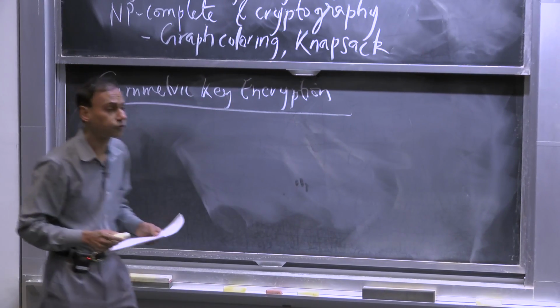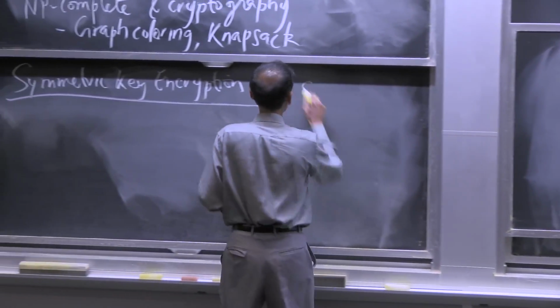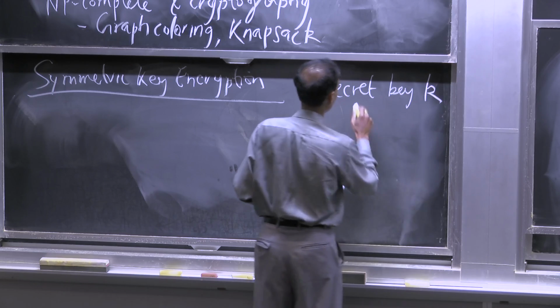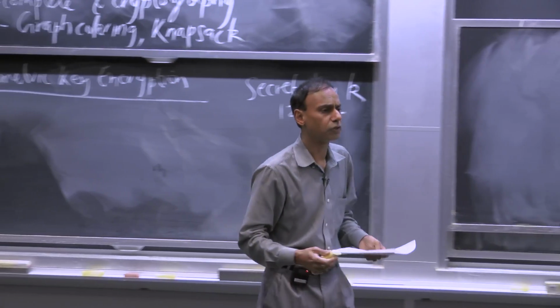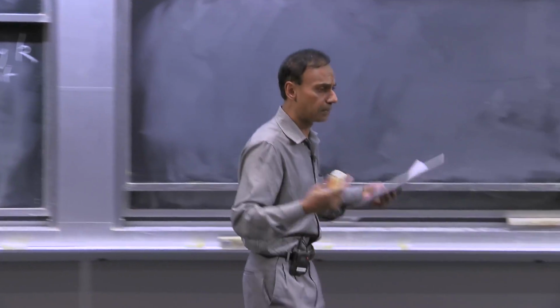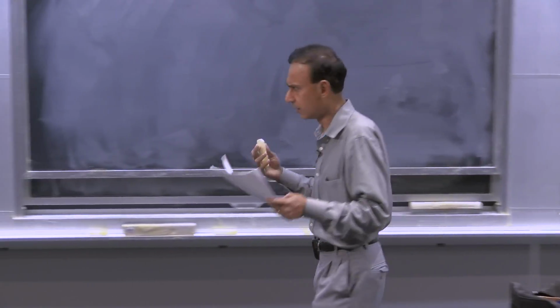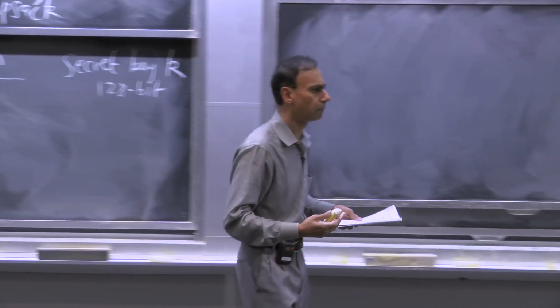It's definitely very useful. It essentially assumes that there's a secret key K, and you can think of this as a 128-bit number. Some people want it to be larger, 256, but certainly 64 at this point is probably not enough, even though 2 raised to 64 is still a fairly large number.